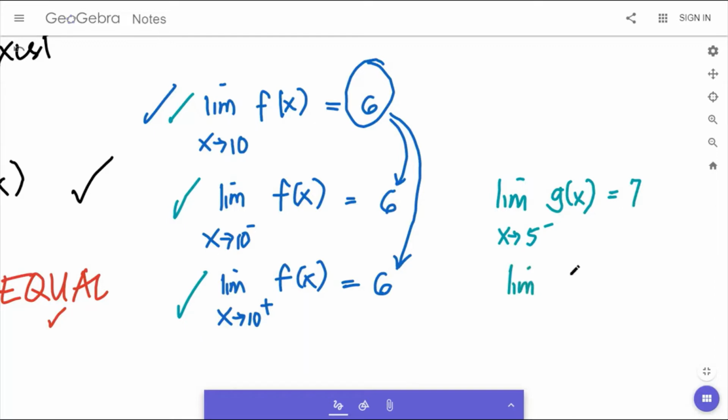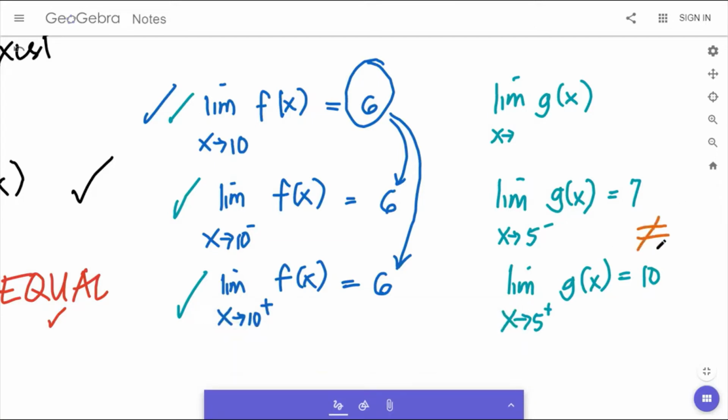Then the limit of g of x as x approaches 5 from the right is, let's say, 10. Ano masasabi ninyo dito? Ang left-sided limit and the right-sided limit ay nag-exist, right? Kasi 7 and 10 are real numbers, so they do exist. However, these two are not equal. 7 is not equal to 10.